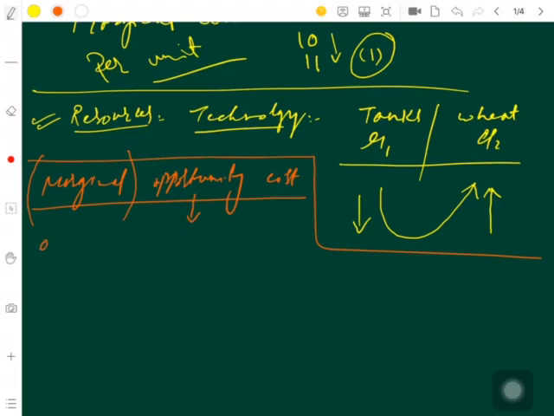Opportunity cost, it is sometimes written as OC as well.